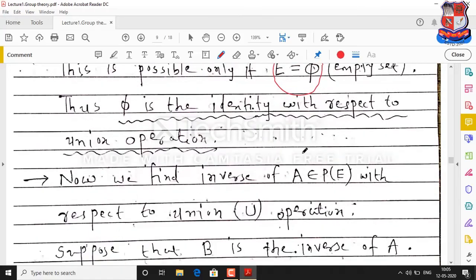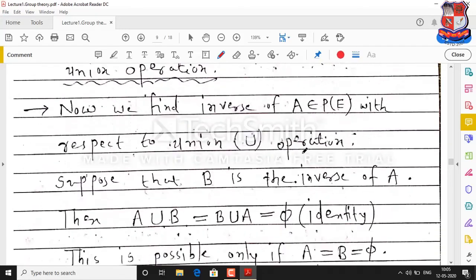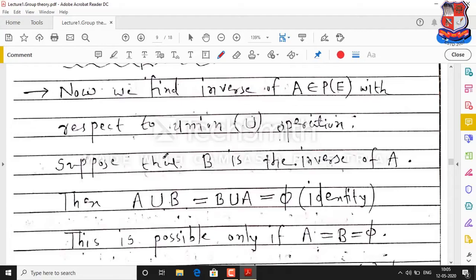Now once we find out the identity, we can discuss the inverse of an element in the given set. So we first check what will be the inverse of this set A, which is a subset of E. This set has the identity element, which is the empty set.